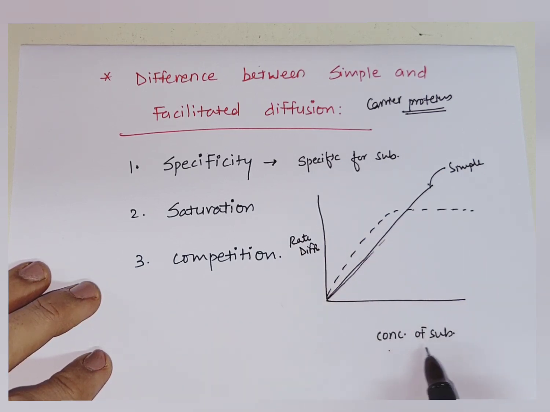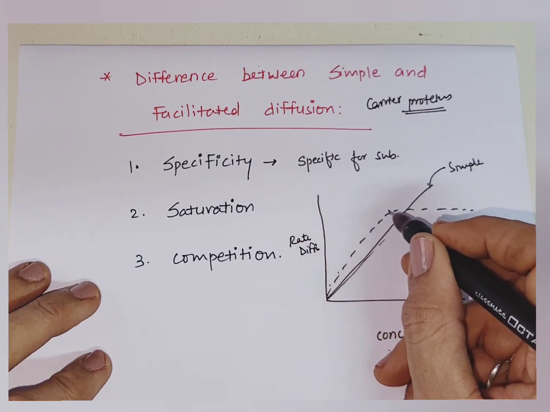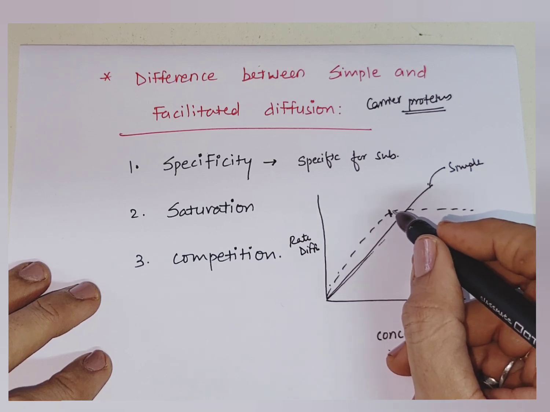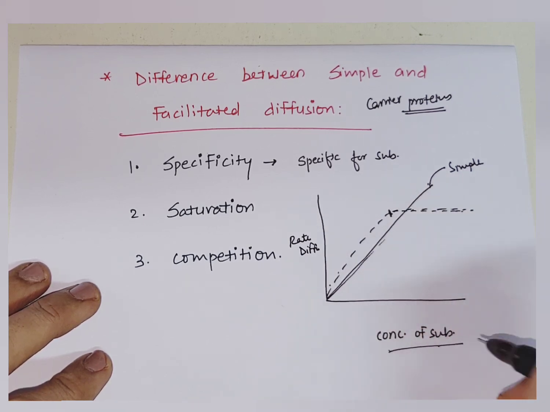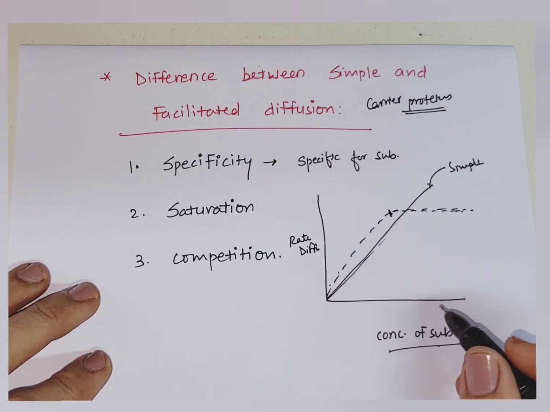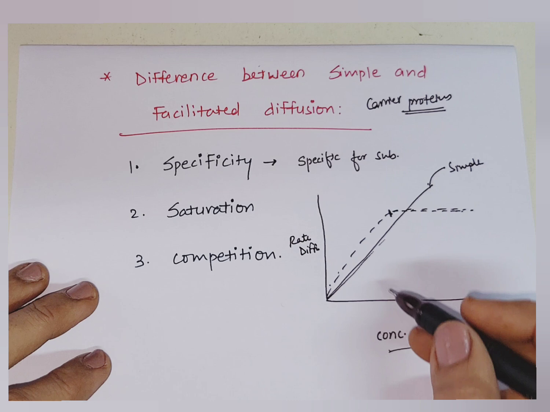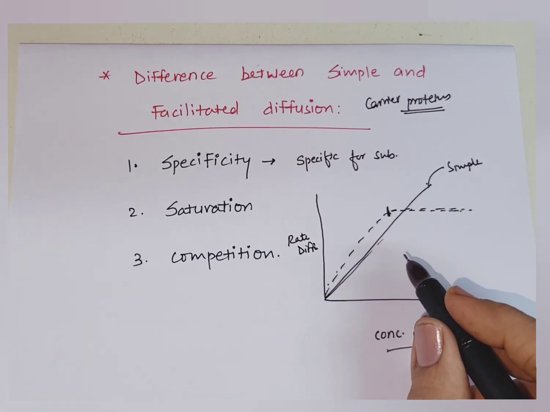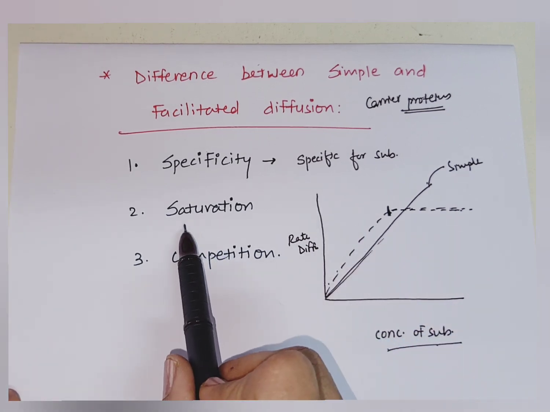Initially, as the concentration of substance increases, the rate of diffusion increases, but when all the carrier proteins are saturated, there is no more increase in the rate of diffusion in spite of an increase in the concentration of substance. The example: suppose you have taken a large amount of glucose, but if all the carriers are saturated, then this glucose cannot enter inside the cell. So the second important characteristic is saturation.